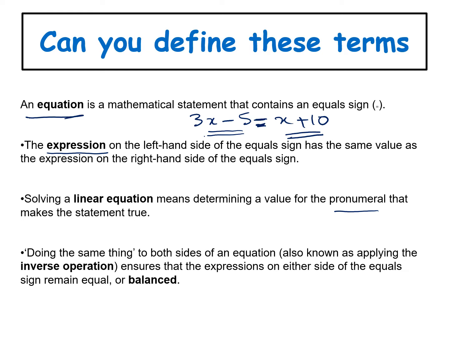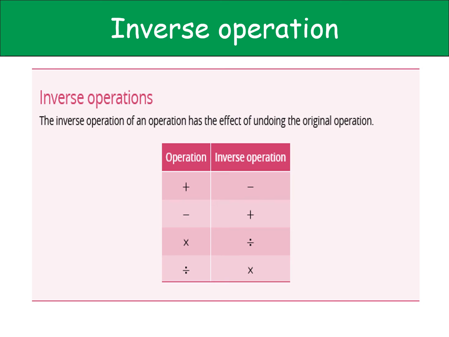Doing the same thing to both sides of an equation, also known as applying the inverse operation, ensures that the expressions on either side of the equals sign remain equal or balanced. Now, we should understand what inverse operations are.